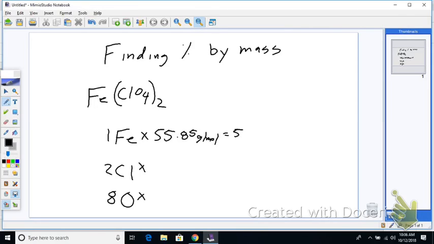You get 55.85 grams. We do 2 chlorines. Chlorine's 35.45, and that's 70.9. And then we got 8 oxygens times 16. So that would be 128.